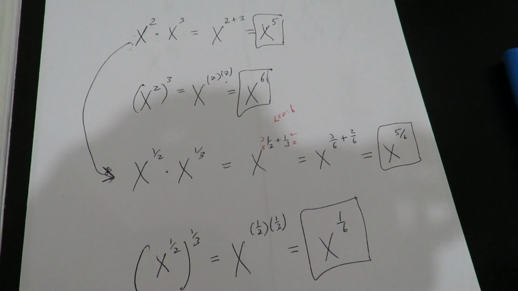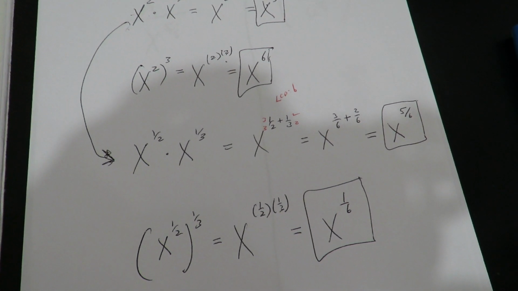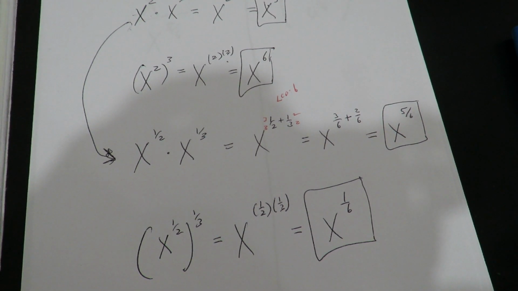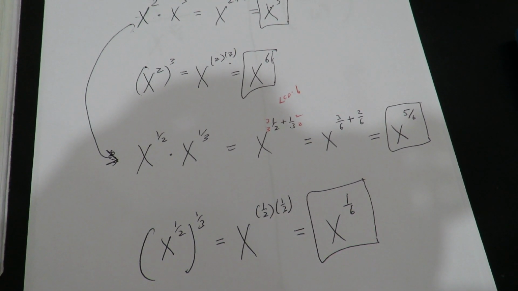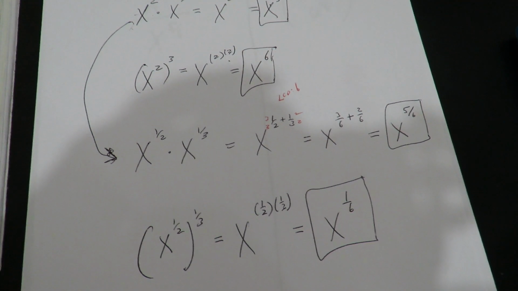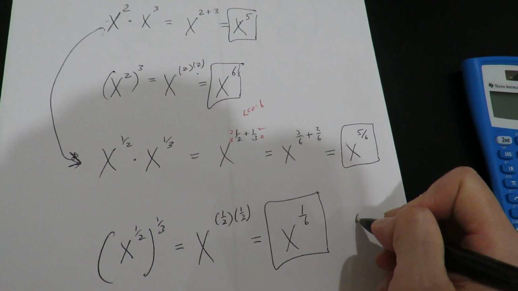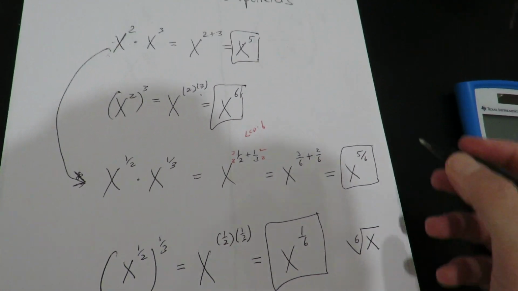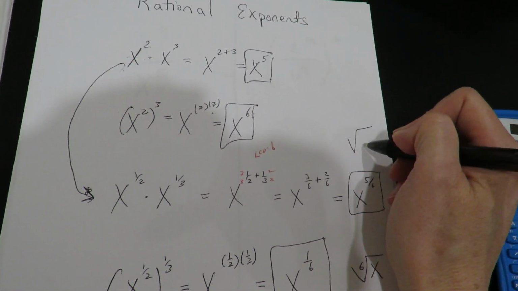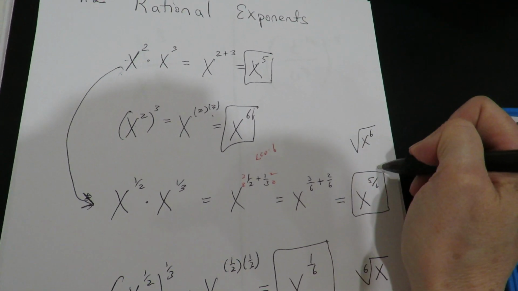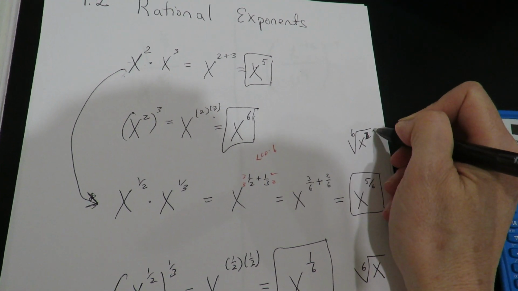Please do not convert the fractions into radicals, because fractions are a different form of writing a radical, so please don't convert them out. What I'm saying is, this is the same thing as saying the 6th root of x. This is the 6th root to the 5th power.